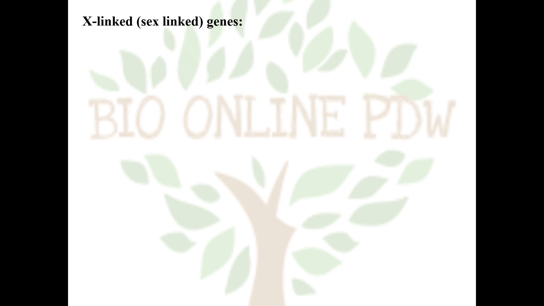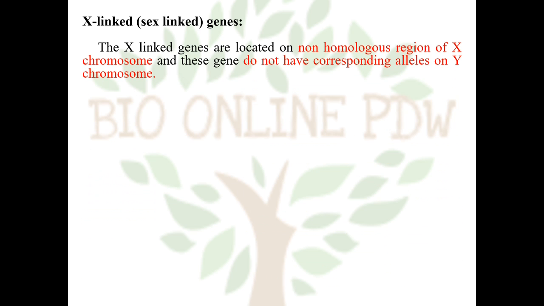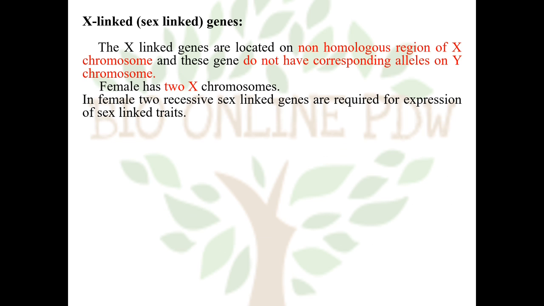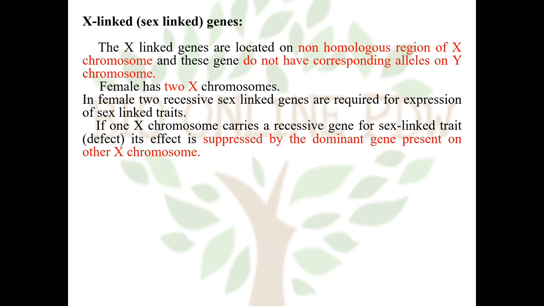X-linked genes are also called sex-linked genes. X-linked genes are located on non-homologous region of X chromosome, and these genes do not have corresponding alleles on Y chromosome. As a female has two X chromosomes, in a female, two recessive sex-linked genes are required for expression of sex-linked traits.